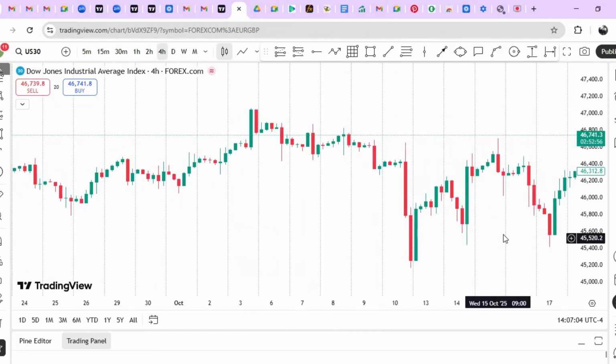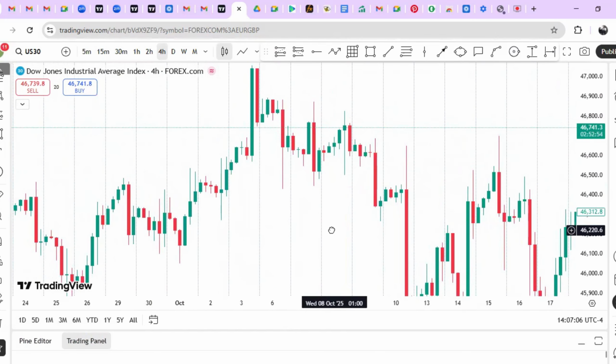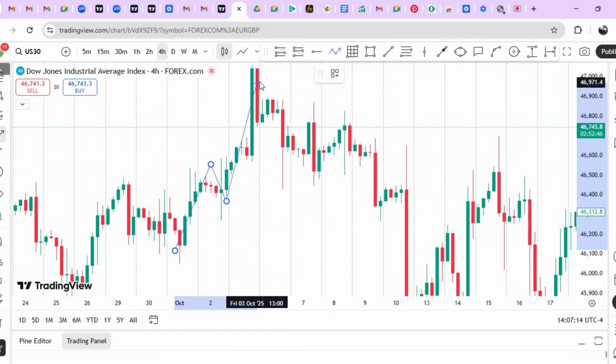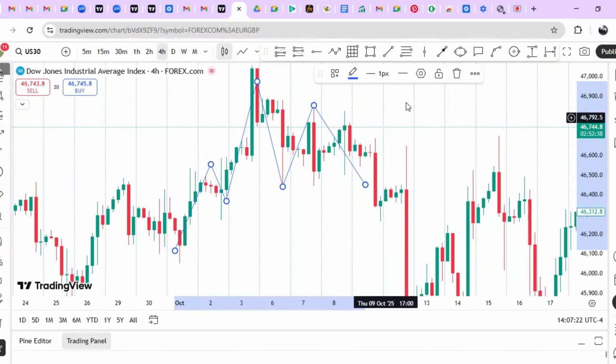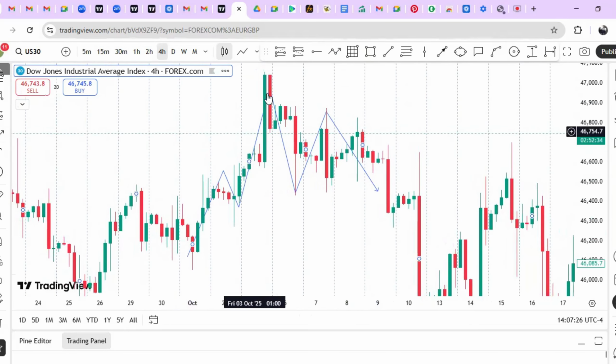Okay, so previously we have this upward impulsive push, correction, impulse again, and the trend changes here. We have a sell, a correction here, sell down. If you look at the top, look at where this trend changed.